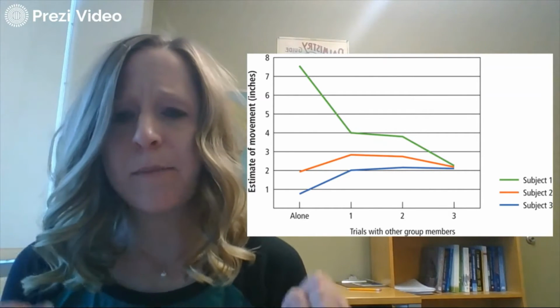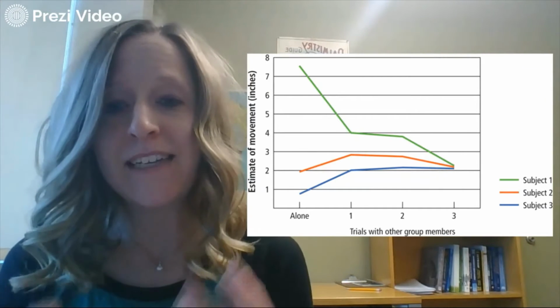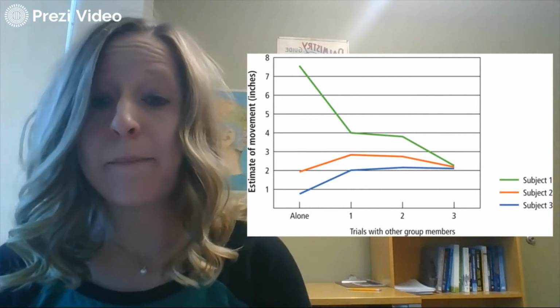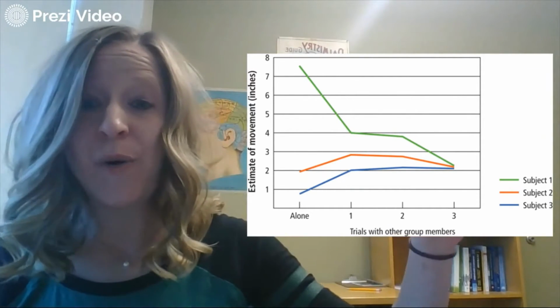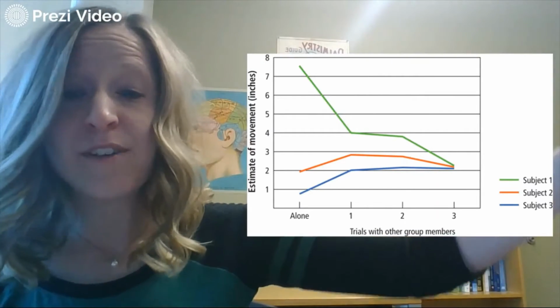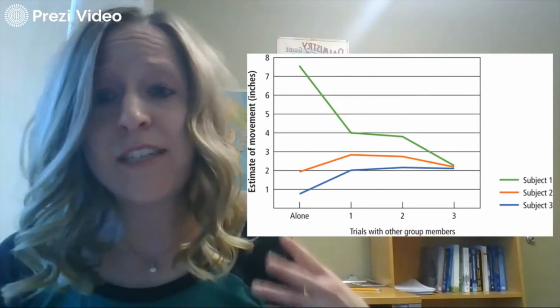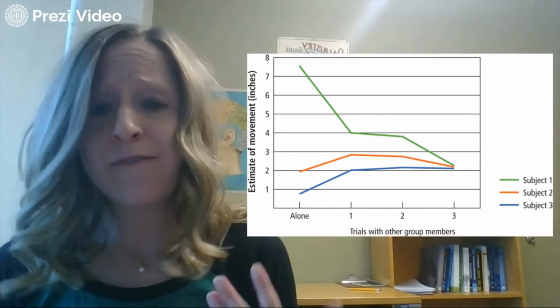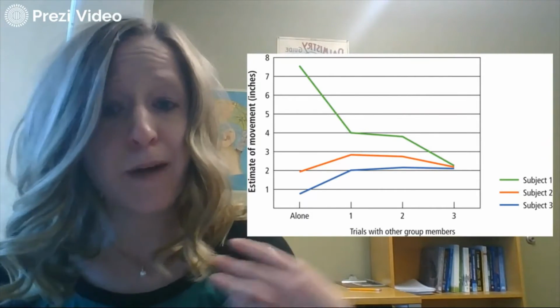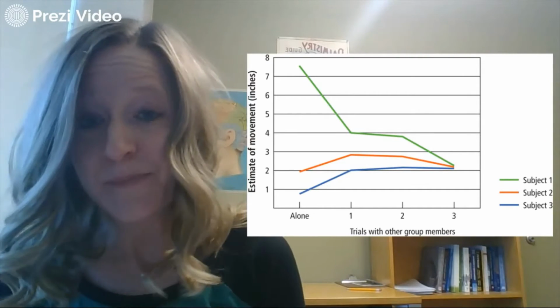Our visual system is set up to not only identify objects, but to locate them in space. So I need to know that that's a lion over there, and I need to know exactly where it is, how close it is to me.